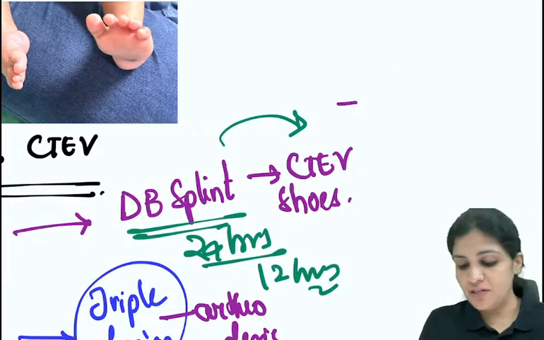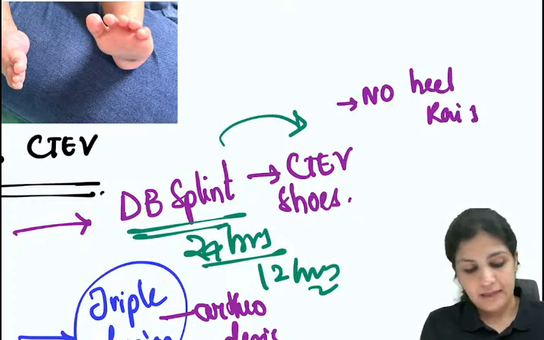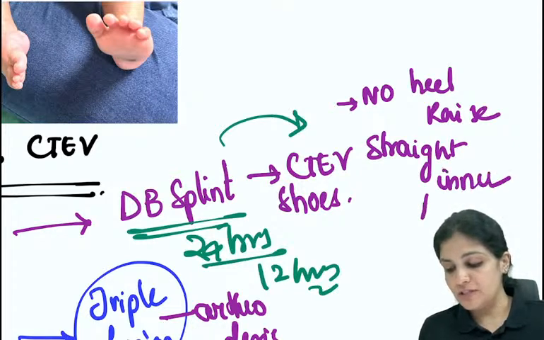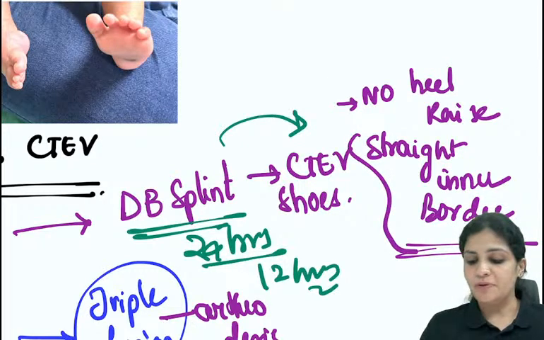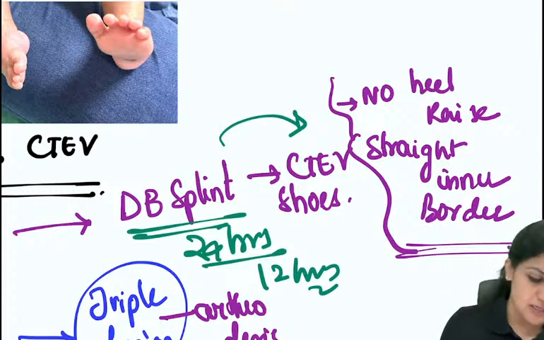CTEV shoes, what is the difference? No heel raise and straight inner border. So these are the criteria for CTEV shoes. The straight border is because again it should not go into varus, right? So varus and adduction. That is how you have to do.